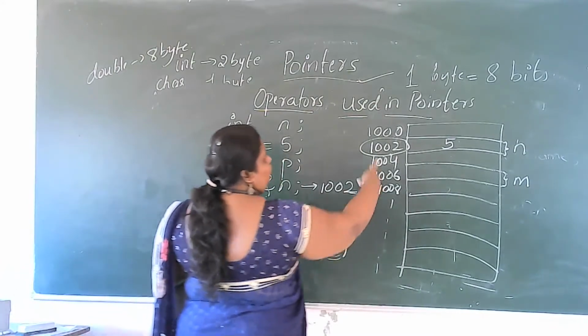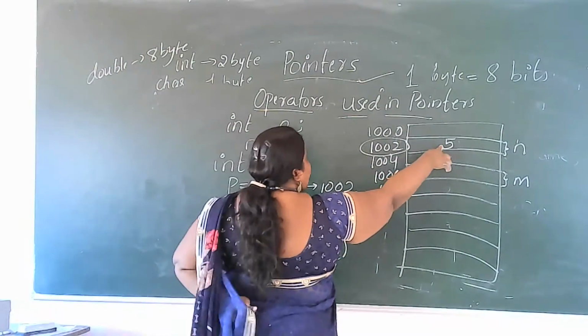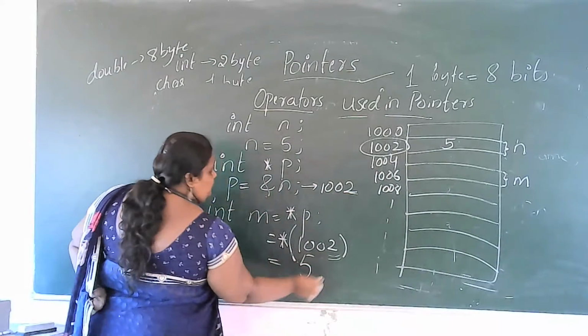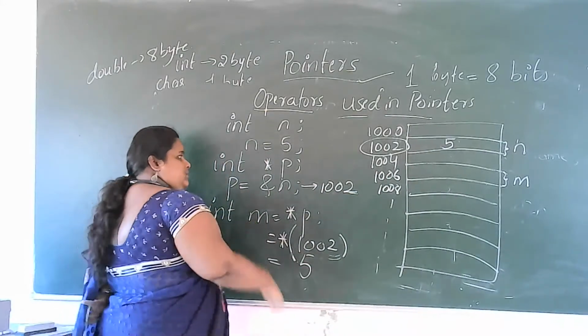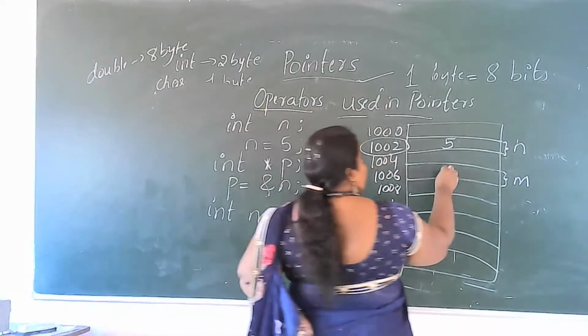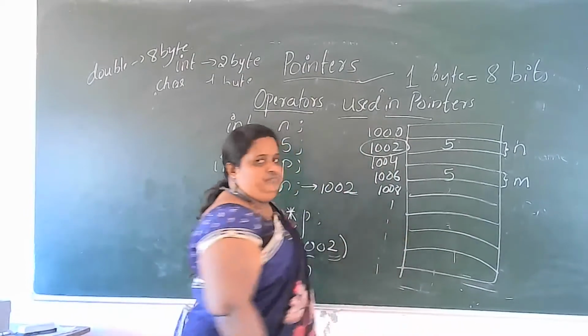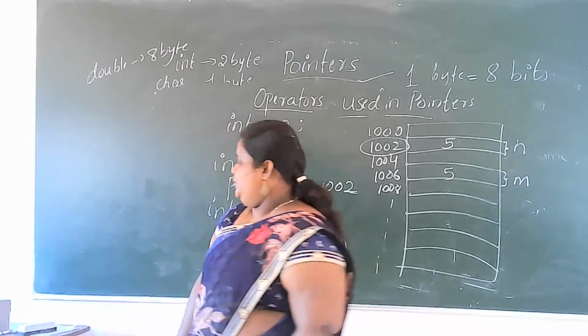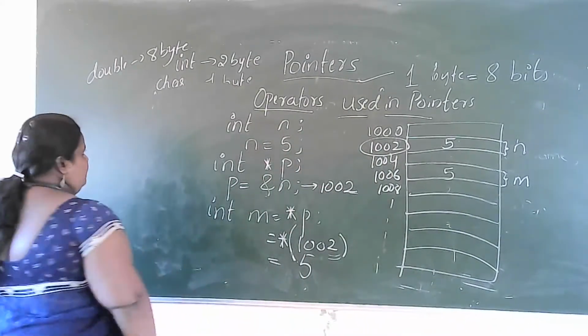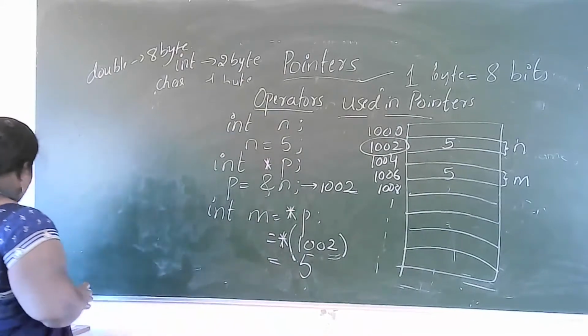Star of 1002. At 1002 the value is 5. This value is stored in m. Understood?